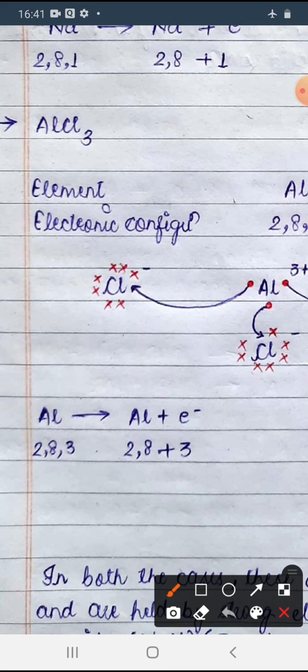Here you have to mention 3 plus charge. Aluminium has 3 plus charge, which means it has lost 3 electrons. So the electronic configuration will be 2, 8, since 3 electrons are lost.